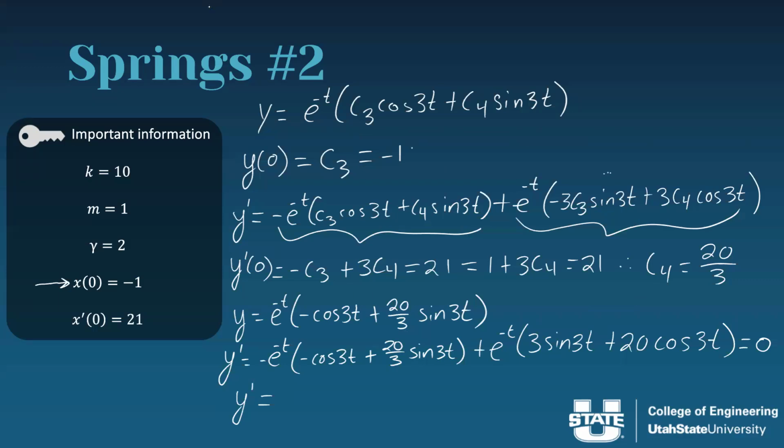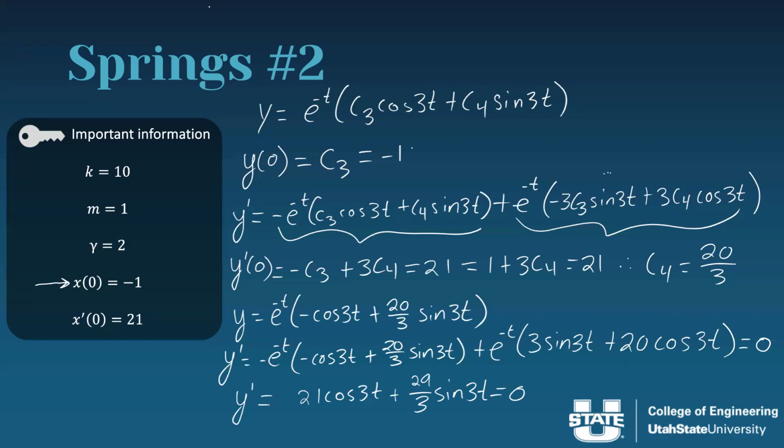Is anyone able to plug that in and solve? Let's see, we can get rid of our e to the minus t's. So we'd have 21 cosine 3t plus 29 over 3 sine of 3t. So that's what we need to solve for 0.